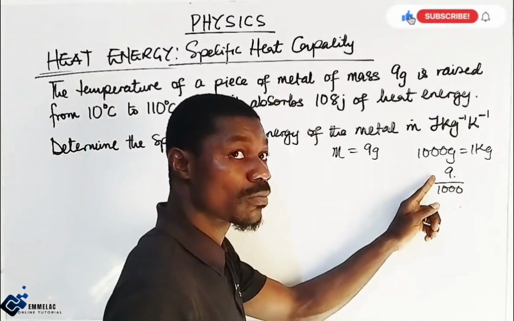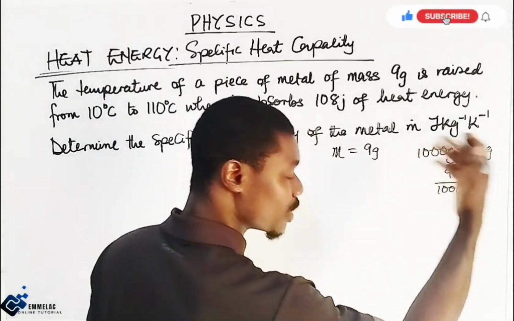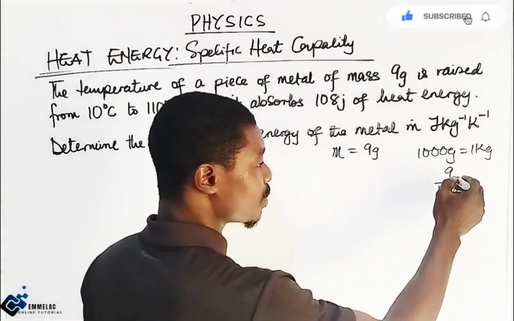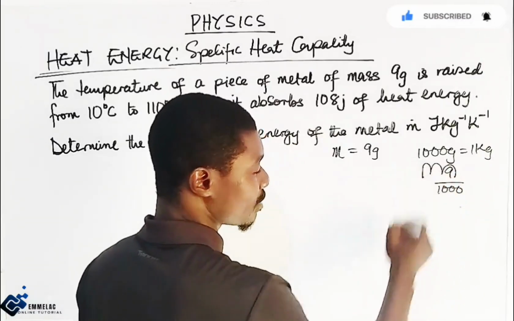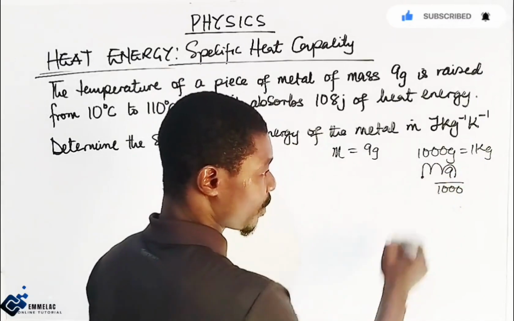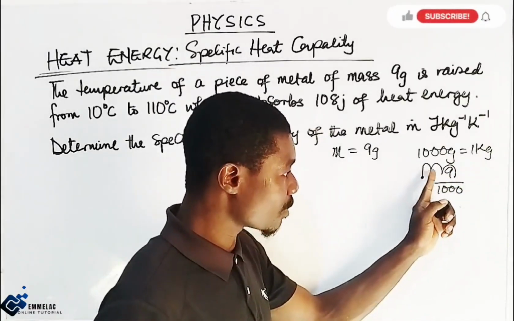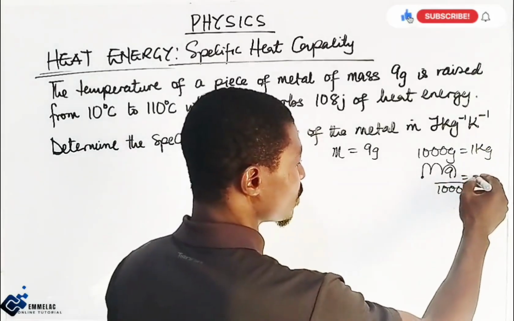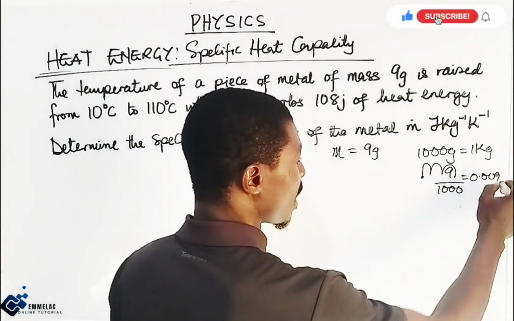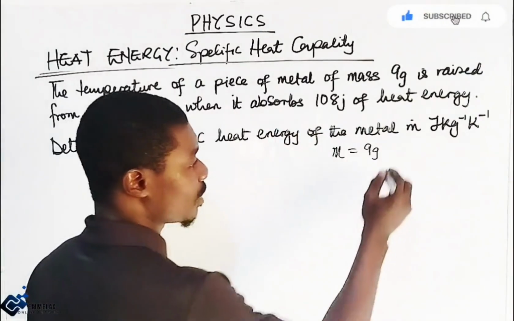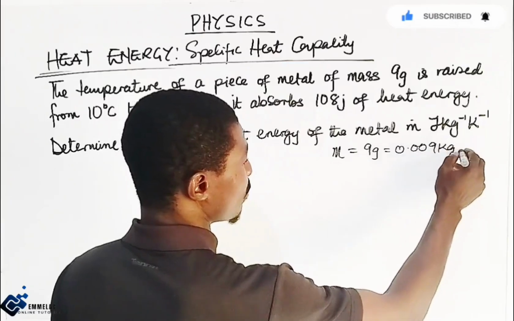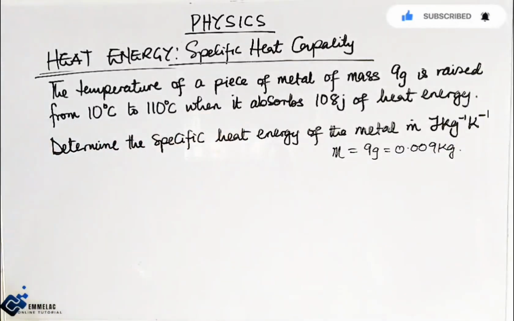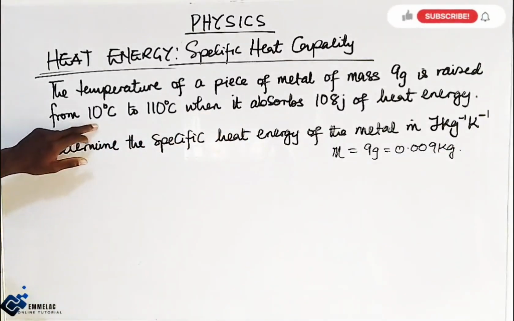Since it's a whole number, your decimal is actually after the number. So you count 1, 2, and 3. Then how many gaps do we have here? 1, 2. So that will be 0.009 kilogram.